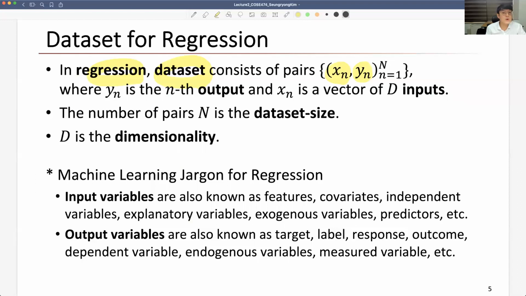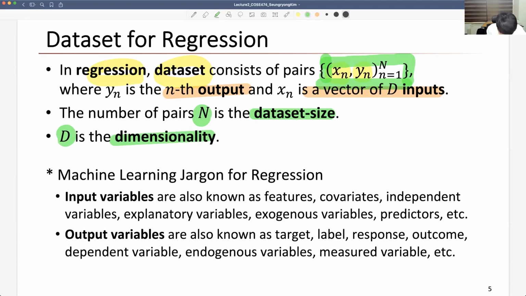This is a formal representation of our training data set, where y_n is the nth output, and x_n is the d-dimensional vector representation of the input. This is the general form of our data set. And here, N, the number of pairs, is the data set size, and d represents the dimensionality of the input feature vector.